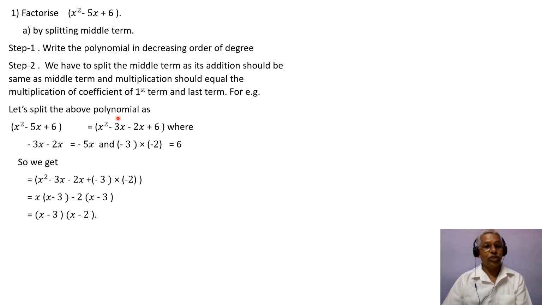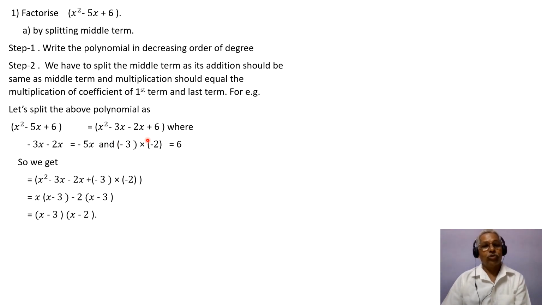So minus 3x minus 2x is minus 5x, and minus 3 into minus 2 is 6, and this is 1 times 6, the multiplication of the coefficient of the first term and the last term. This multiplication should be equal to this. That's the meaning of this. It's very easy, you will come to know as we go further in this topic.